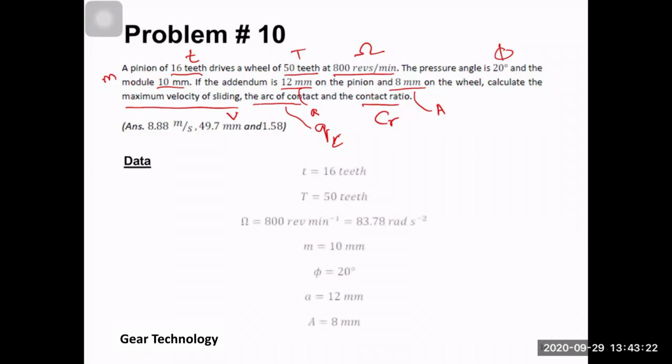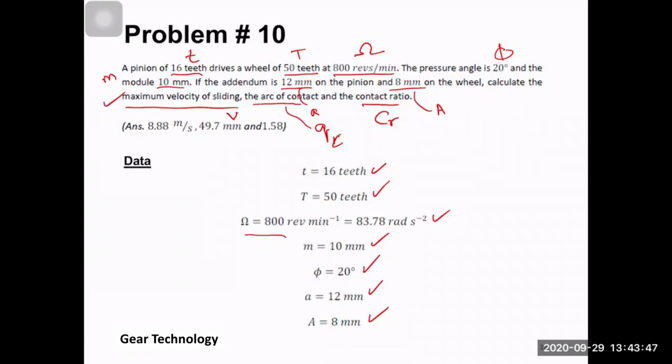We have small t, capital T, we have capital omega for the gear, we have the module, the gear ratio, the pressure angle, and the addendum for both the pinion and the gear. So we need to find the maximum velocity of sliding, the arc of contact, and the contact ratio.